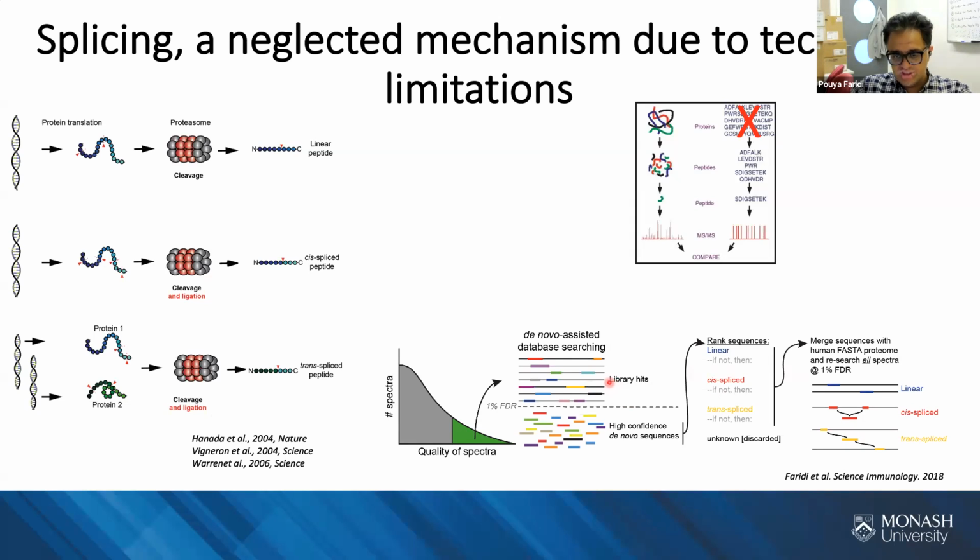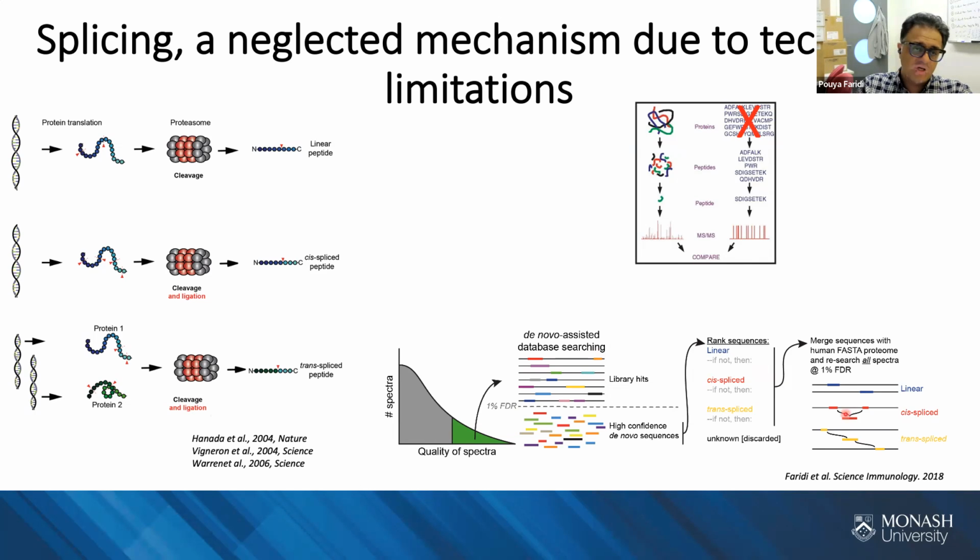I won't go into too much detail about how we do this, but we try to match our spectra to everything in the database. And if we didn't find any match, then we did de novo sequencing, found high-confidence de novo sequences, and then used HybridFinder to see what's the source of this peptide, and then found peptides that are cis and trans-spliced peptides.